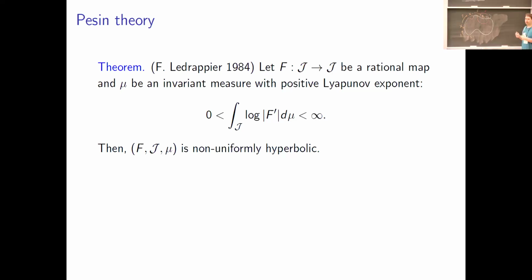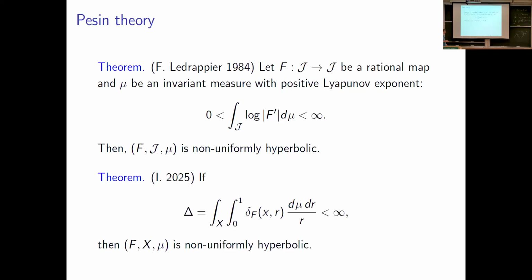Under those very minimal assumptions, F is non-uniformly hyperbolic. So you don't need much to have this. This result was also written up by Przytycki and Urbański in their famous book, Conformal Fractals. When I was trying to understand the proofs, I came up with the following statement.